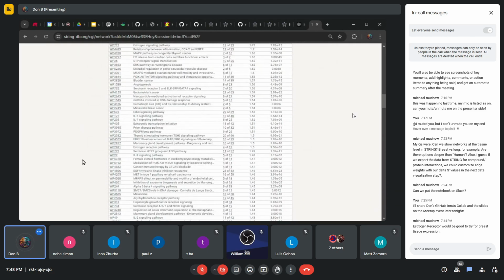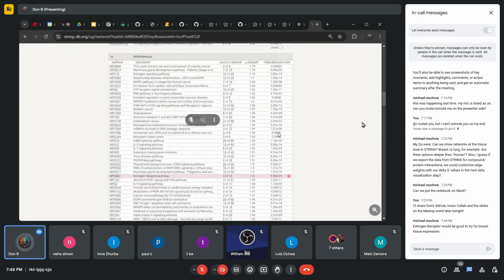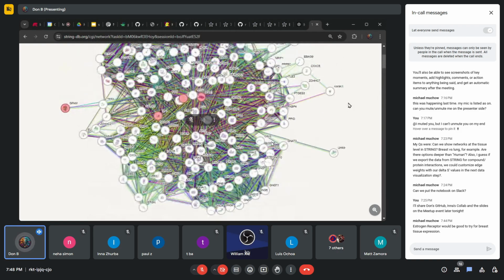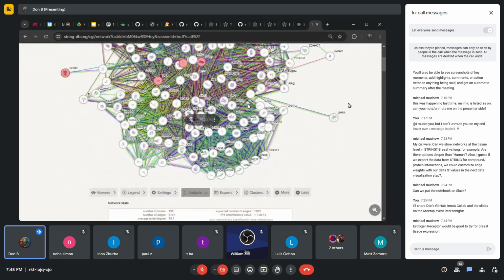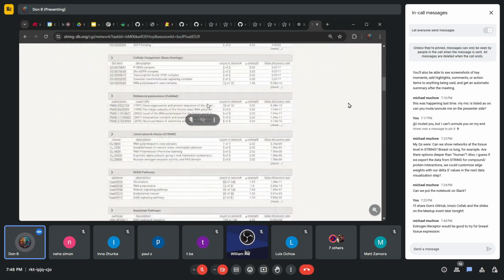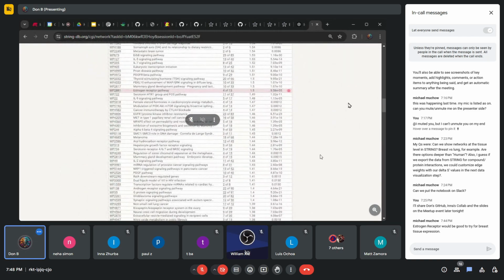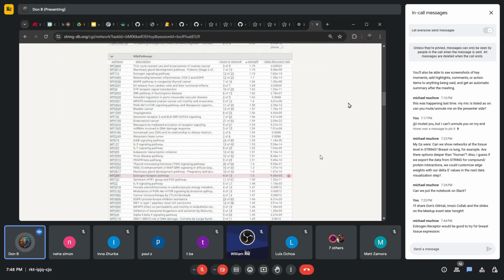Here's the estrogen receptor pathway, under wiki pathways. So that's kind of my thought: you can see the context of where the initial pathway comes up, and you can pick something more filtered and specific.